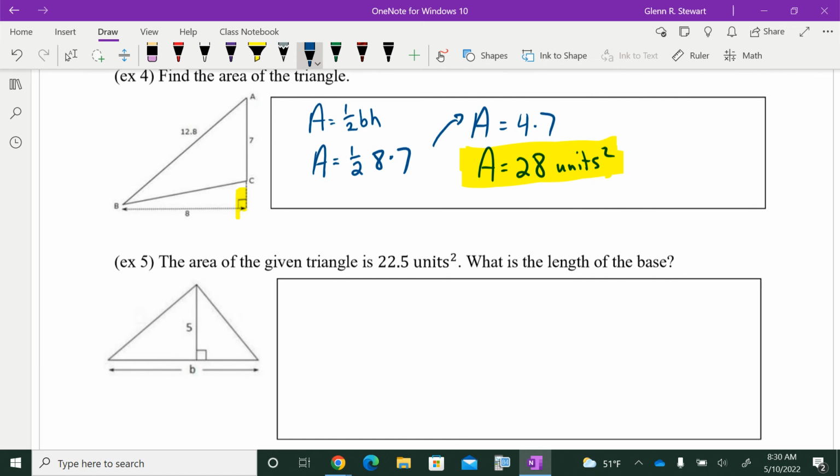All right. Work backwards. The area is 22.5 units. What is the length of the base? Go ahead and try and figure that out using the formula. So we'll plug in 22.5 for area.